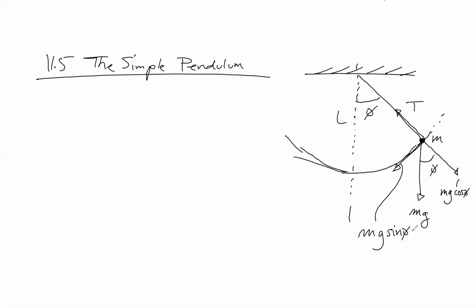And you can go through this diagram and convince yourself that you have this little right triangle formed here. And so this vector that I've drawn, this restoring force, is going to be the opposite side of this triangle. Anyway, the point is that I have this restoring force that's equal to mg times sine of phi.